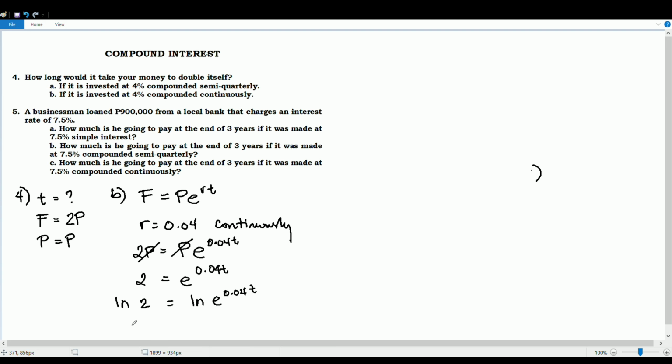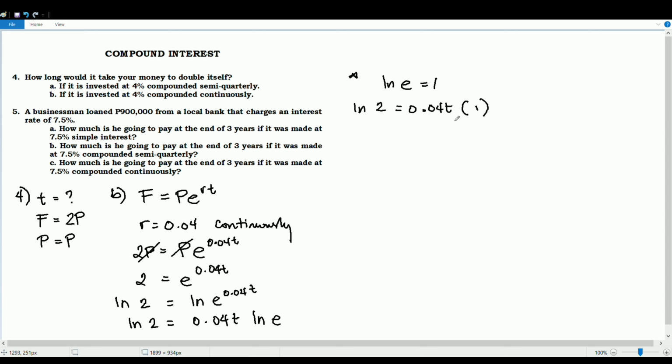So in this case, ln 2 is equal to, we bring down the exponent and write ln e. Continuing the solution, we apply the property of the natural logarithm that ln e is equal to 1. So we have ln 2 equal to 0.04t times 1.